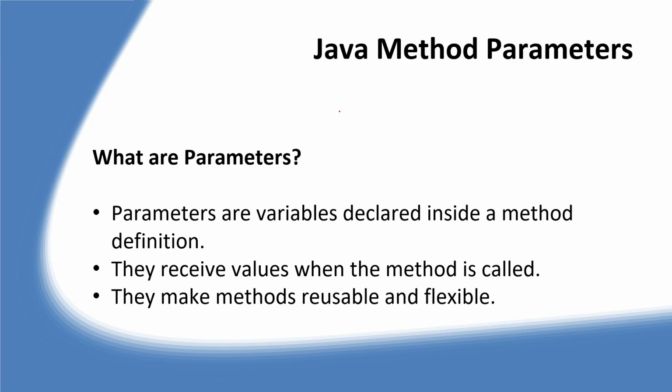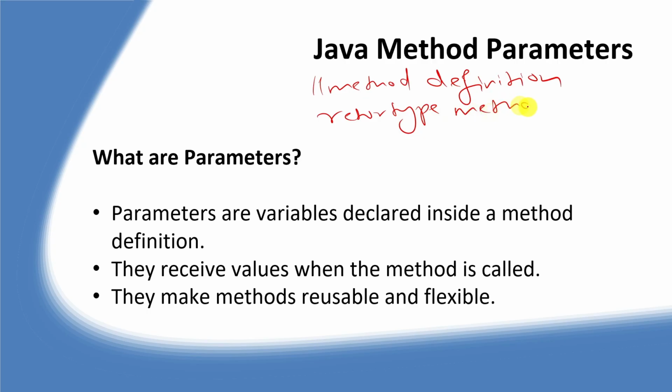Now, the syntax of parameters. In the method definition, first will be the return type, then the method name, then within brackets it will be variables.